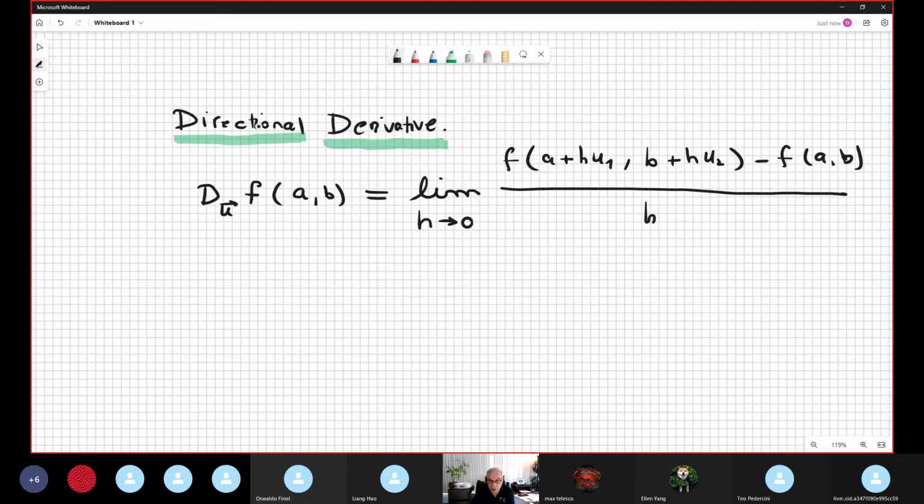The new thing is who is u1 and who is u2. Well, they are the components of that vector. You have a vector u1 comma u2. So basically, the idea is to find the derivative in one totally arbitrary direction, and this direction is indicated by the unit vector u, whose components are u1 and u2.